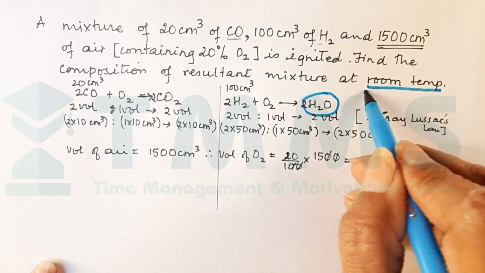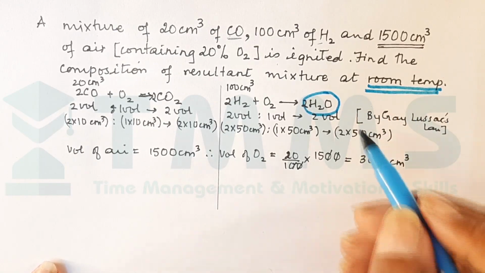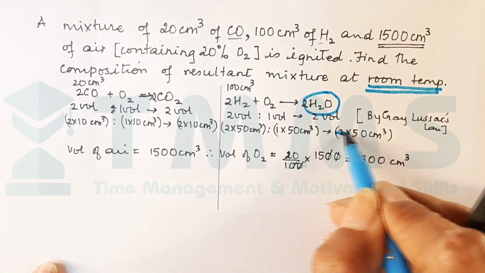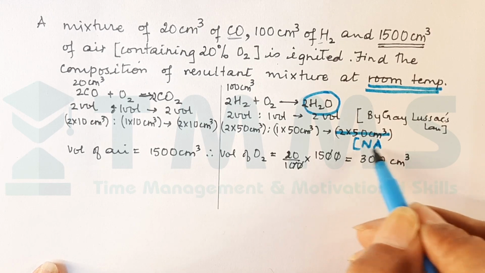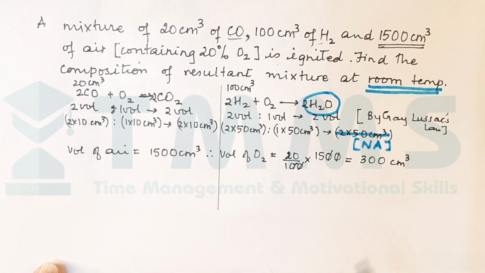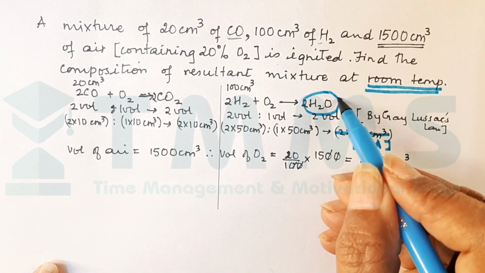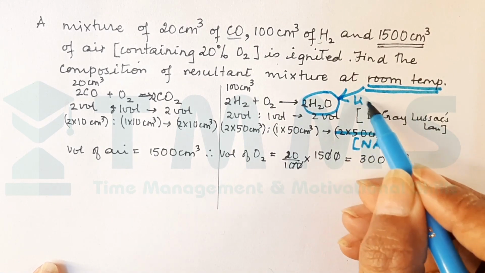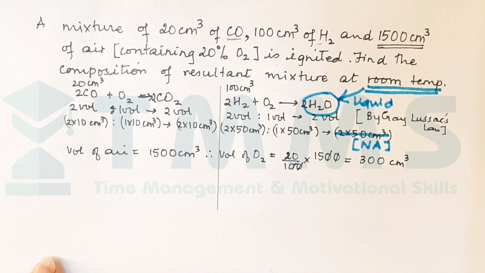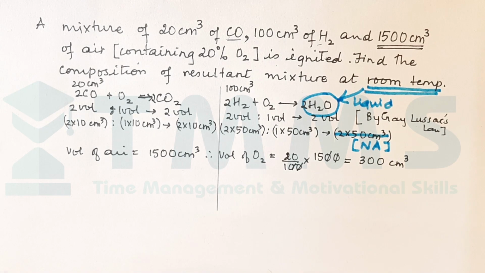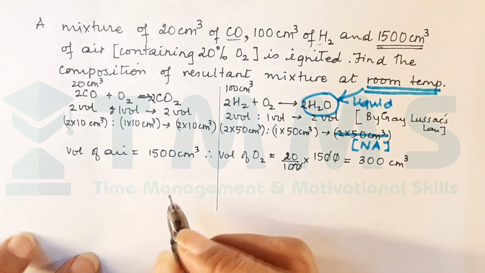And can you see that this is room temperature? So what we will say over here? This will be written as not applicable. Did we understand this part? Because at room temperature, this water is going to be a liquid. Did we get that?